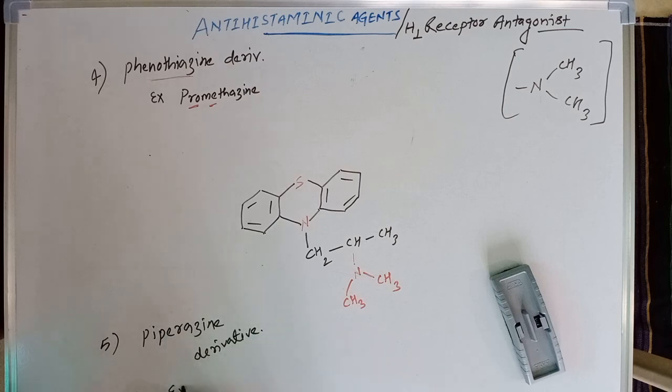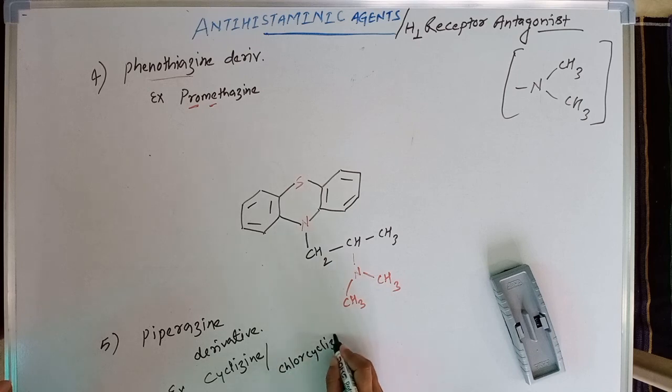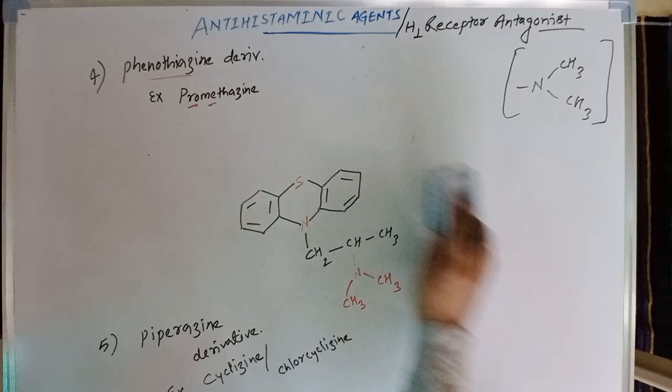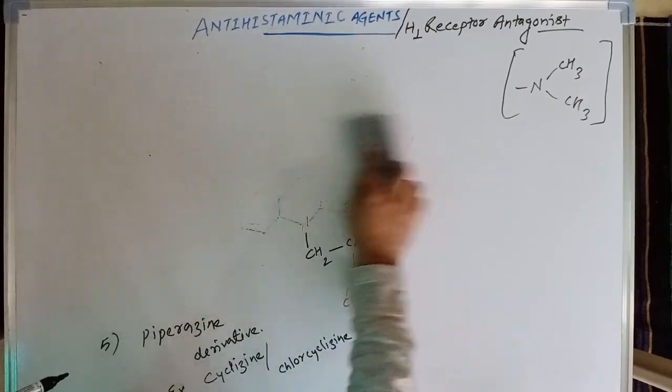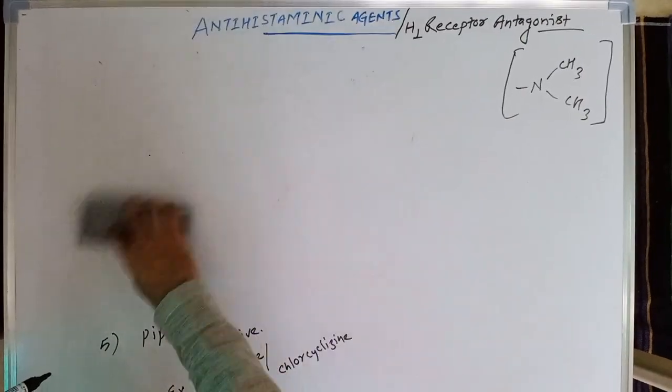The drugs included under piperazine derivatives are cyclizine and chlorcyclizine. So how can we draw the structure of cyclizine and chlorcyclizine?